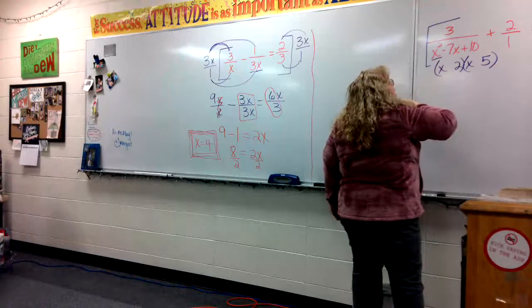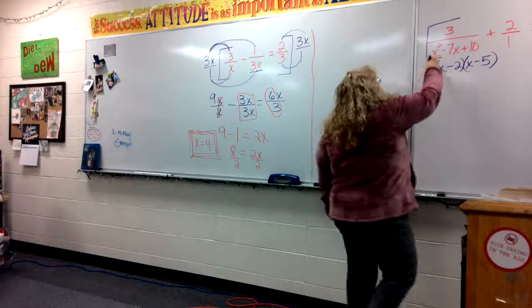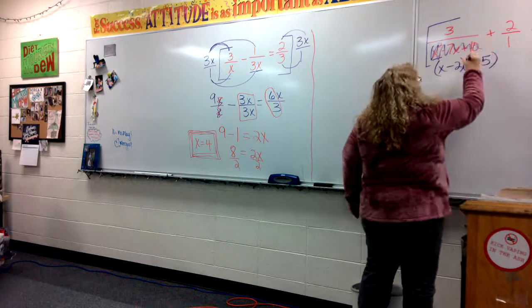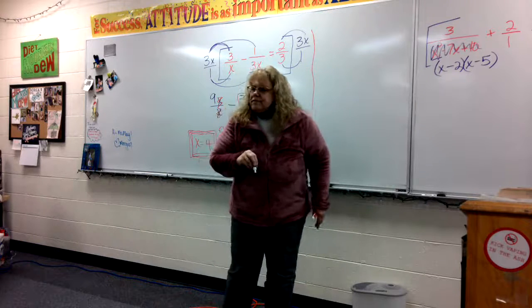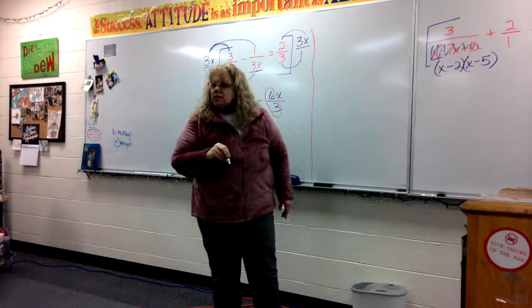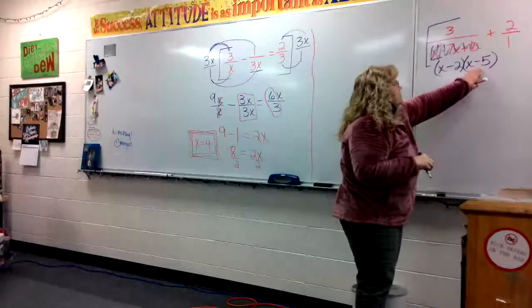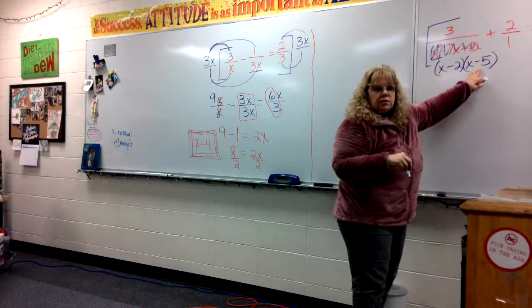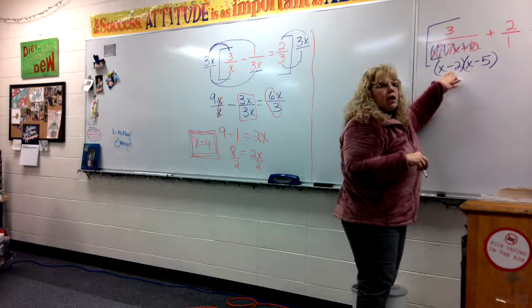What did you say for the signs? Minus, minus. So instead of this, we have that for our denominator. Now it might be a little easier to figure out your common denominator. What is the common denominator going to have? One of those and one of those, right?